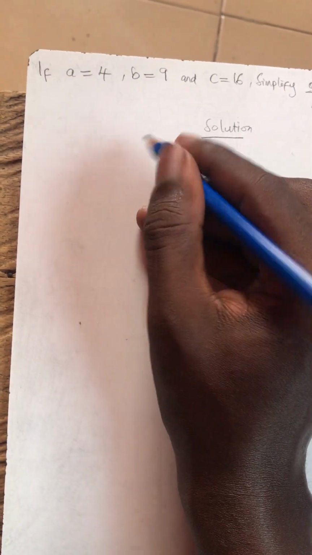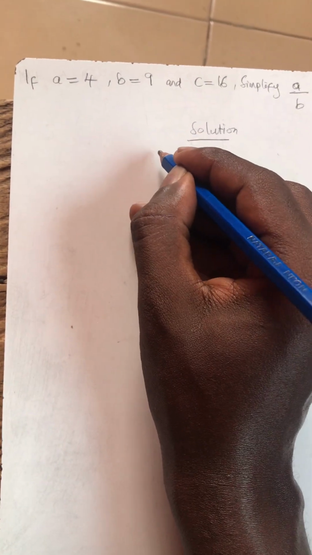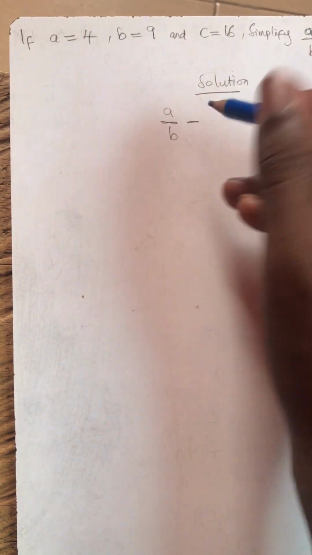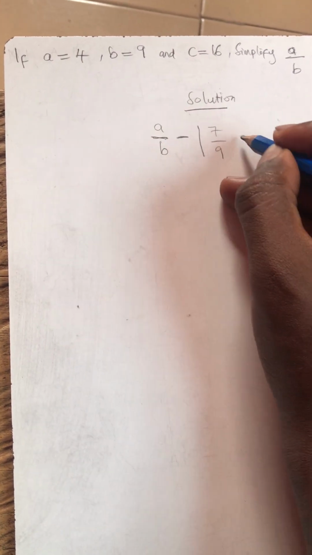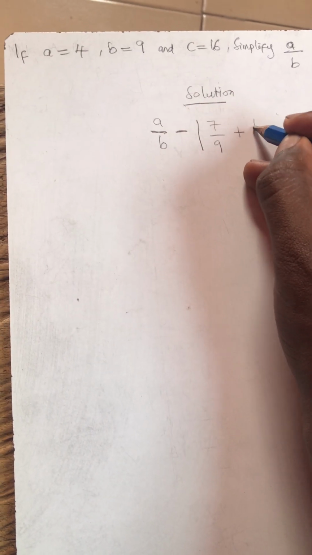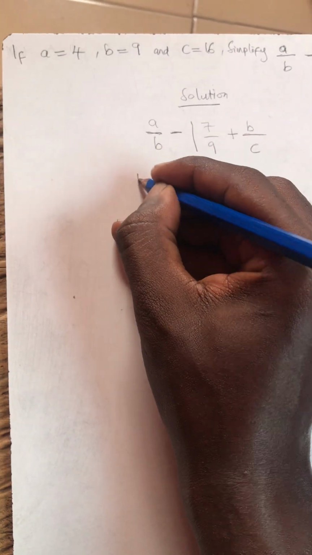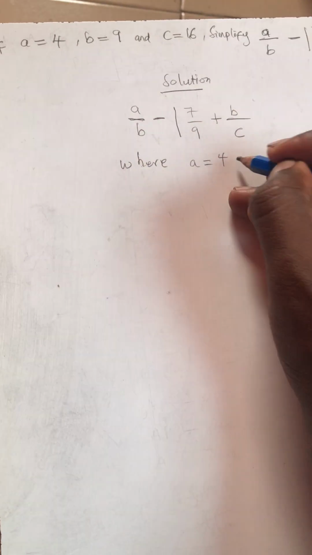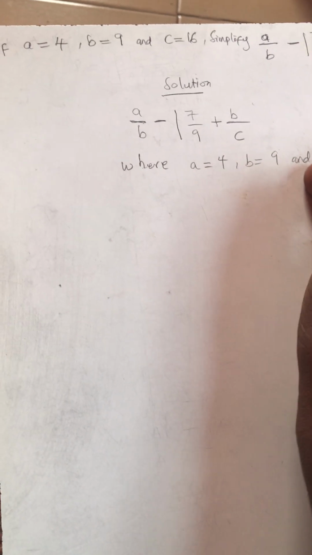Our given formula or equation is the fraction A over B minus 1 whole number 7 over 9 plus the fraction B over C, where A equals 4, B equals 9, and C equals 16.